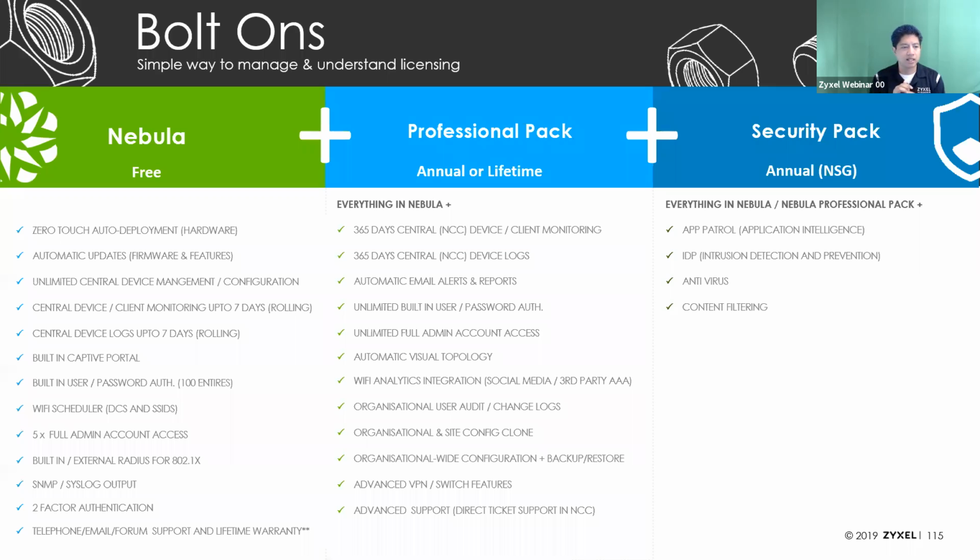The major difference is that it will keep the logs and monitoring information for only 7 days, and the full Professional Pack will do it for 365 days, right? So it's a 7-day rolling. Central device monitoring, 7 days. Device logs is 7 days on the free. And on the full Professional Pack, it's 365. So that's the major thing.